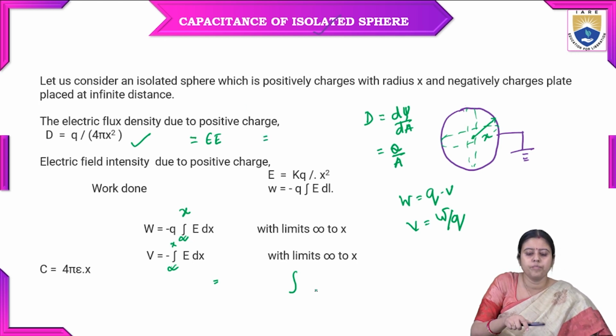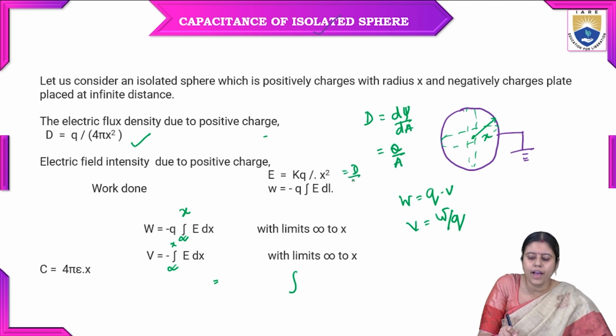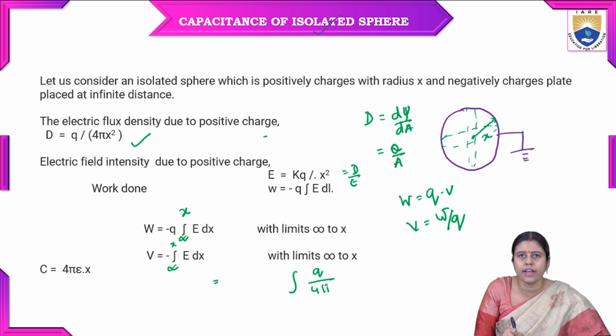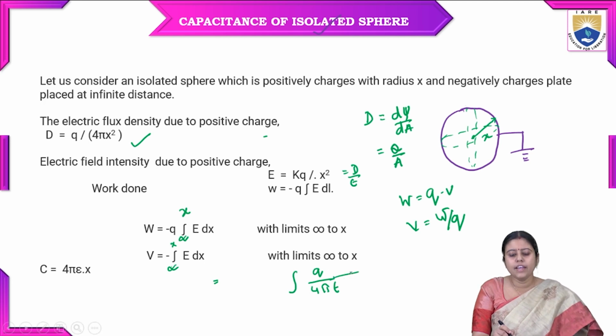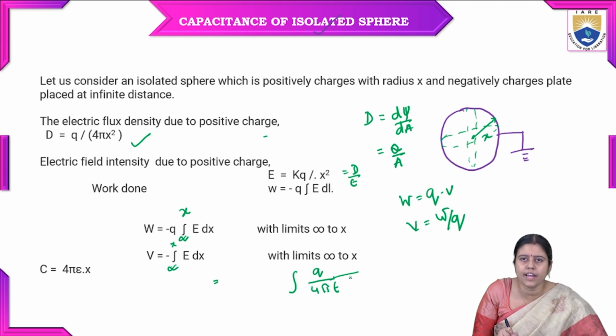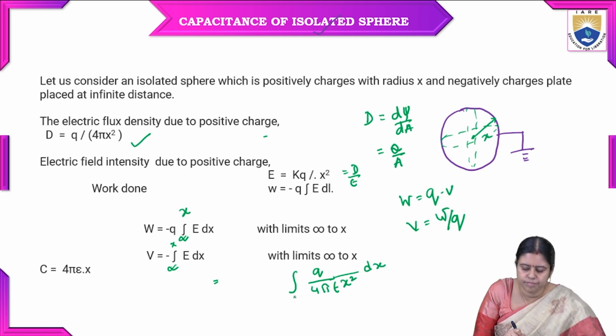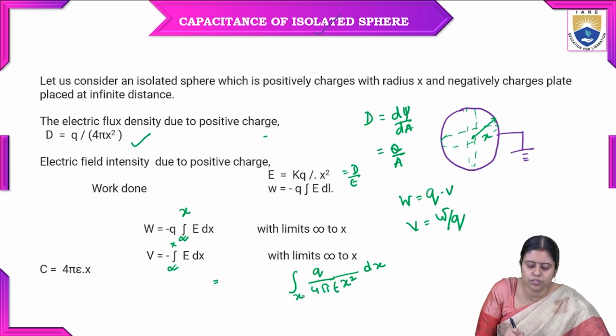E is equal to D by epsilon. So we got E equal to Q by 4 pi epsilon x square, and the integral is of Q by 4 pi epsilon x square dx, with x going from infinity to x.